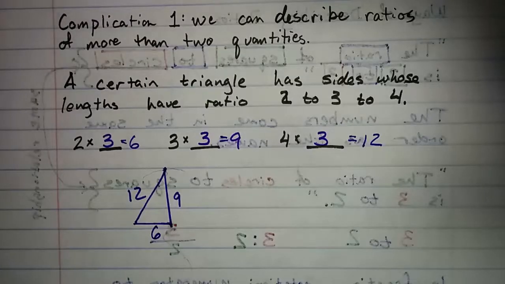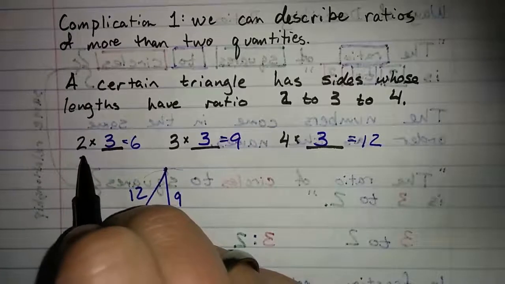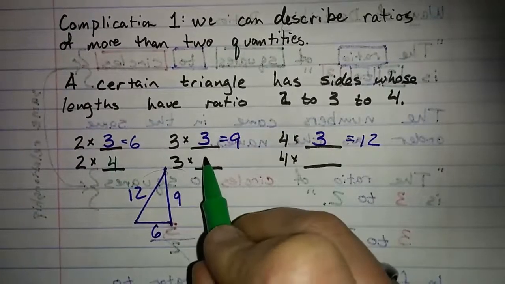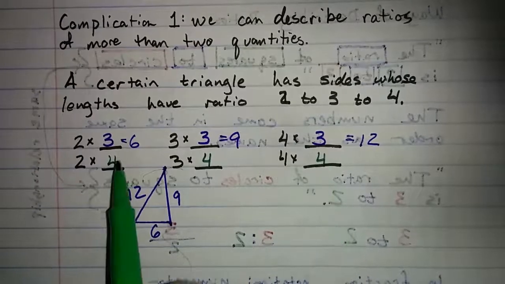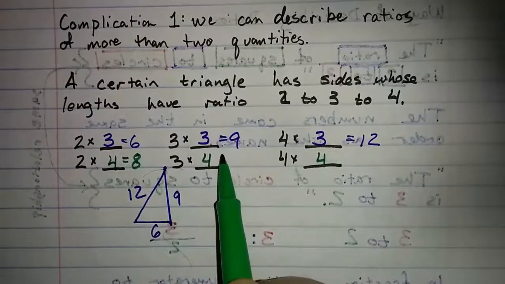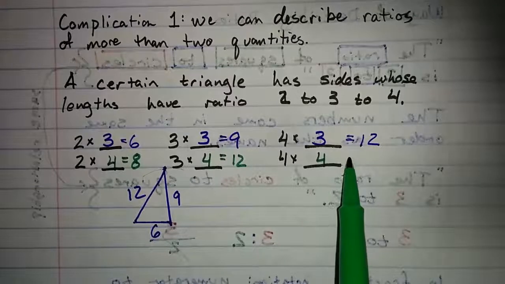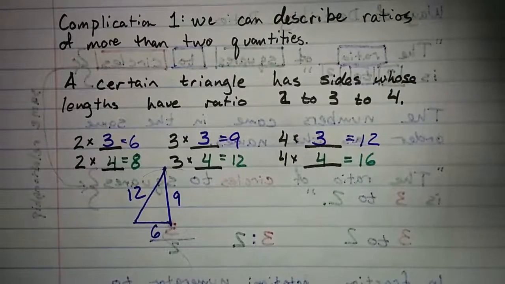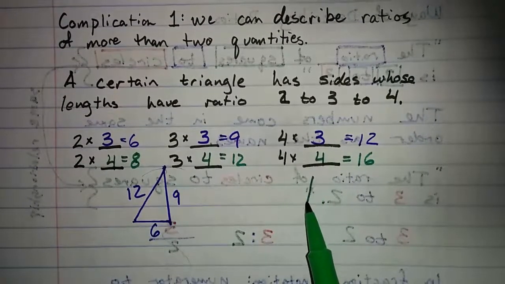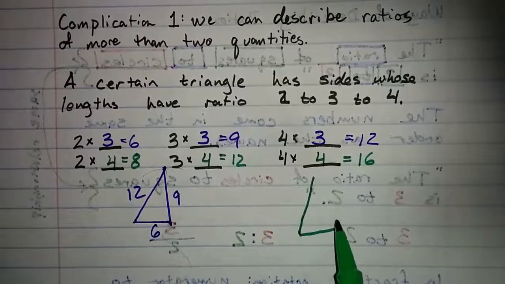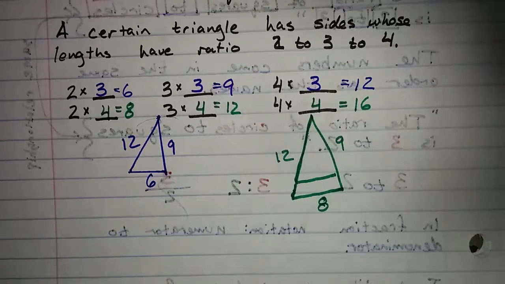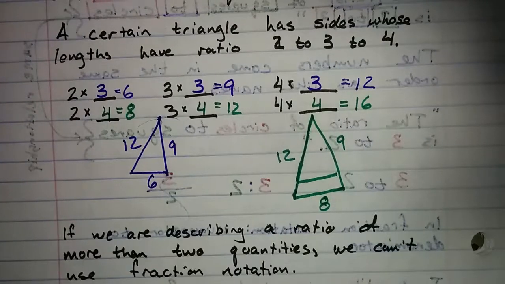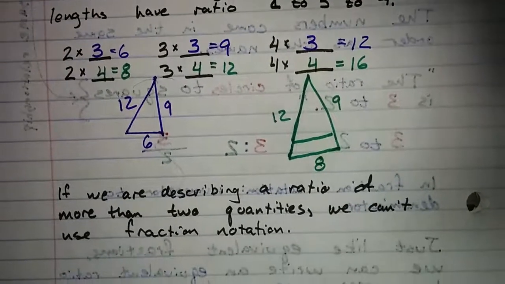Or we could just as well have had, for example, 2 times 4, 3 times 4, 4 times 4. So 8, 12, 16, which would give us a triangle that's a little bit bigger, but roughly the same shape. The main reason that this is a complication is if we're describing a ratio of more than 2 quantities, we can't use fraction notation.